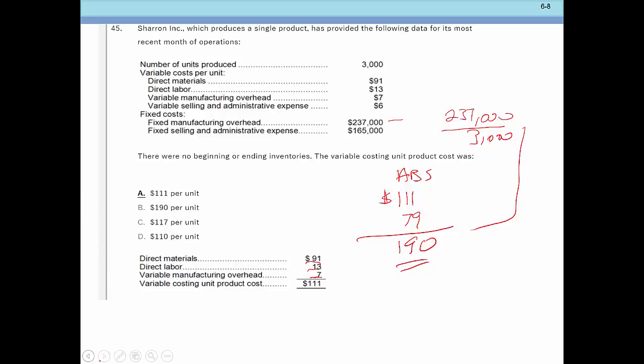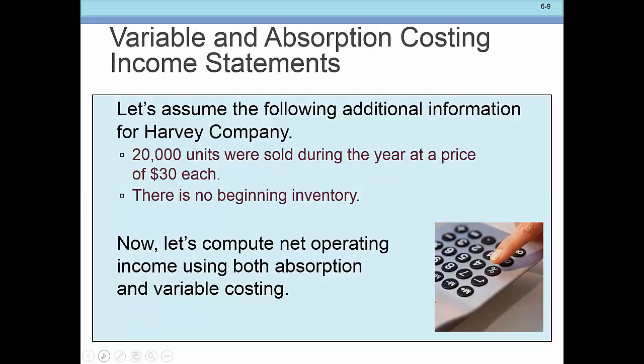Okay, so let's go ahead now and take a look at this example, which is going to be easy for us after everything we just went through to figure out that last one. We have 20,000 units sold at a price of $30 each. And they told us already that this Harvey company produced 25,000.